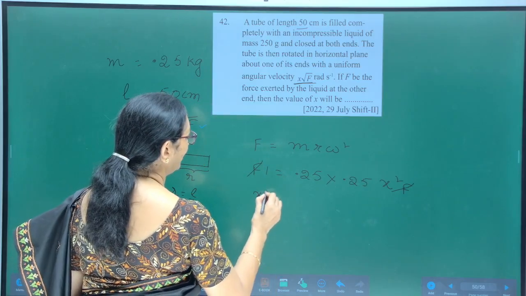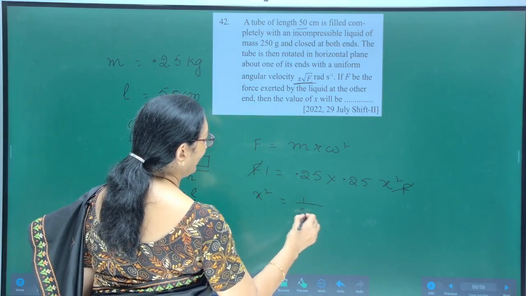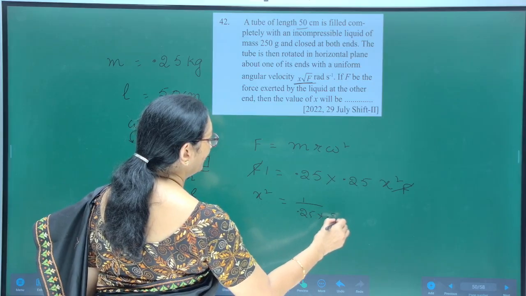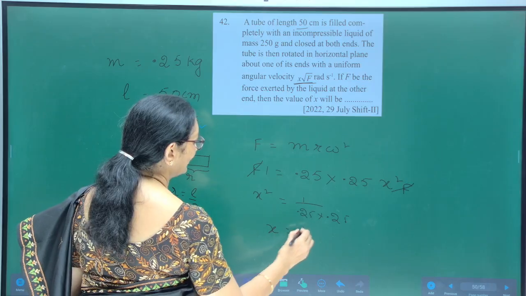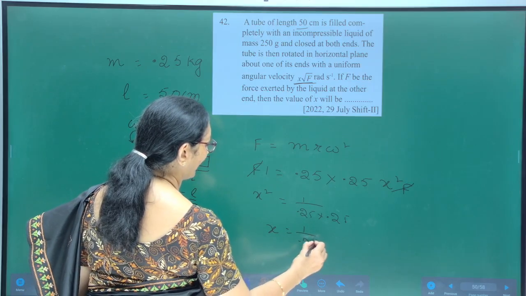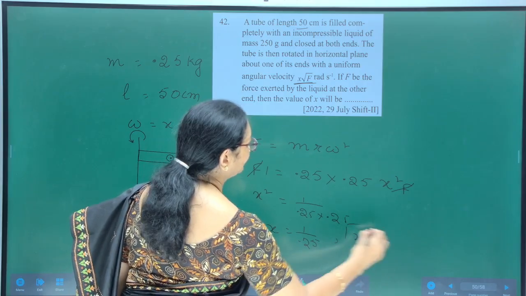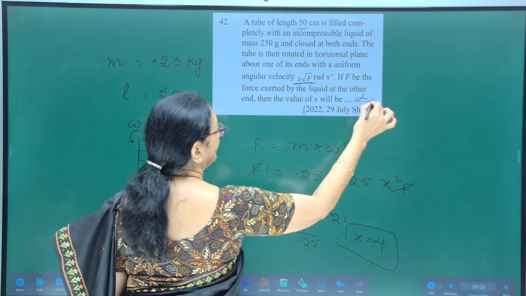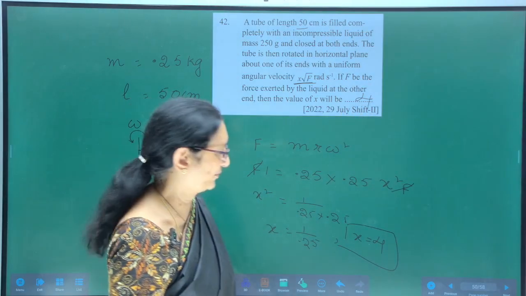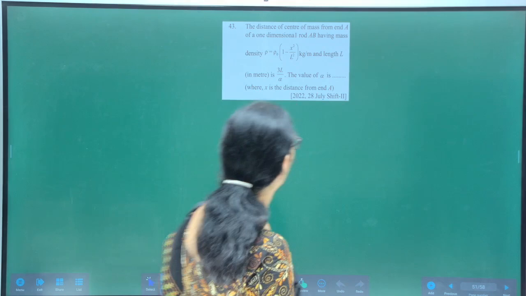So x square is equal to 1 by 0.25 into 0.25, that implies x is equal to 4. This is the answer. So x is equal to 4. Move on to the next problem.